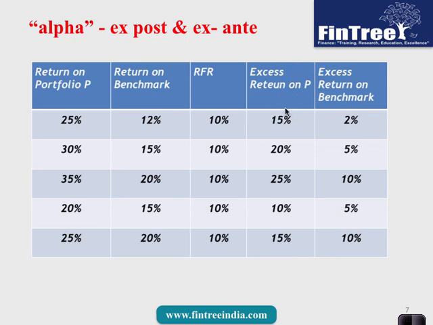So let's put these values in your financial calculator. Say second 7, return on portfolio P should be Y values. So make these as Y values, and return on benchmark should be the X values.